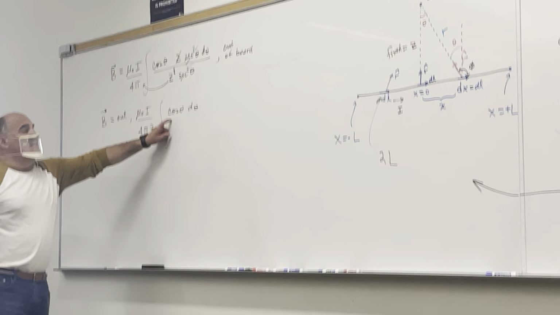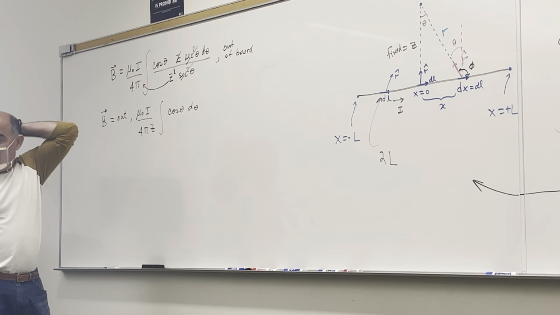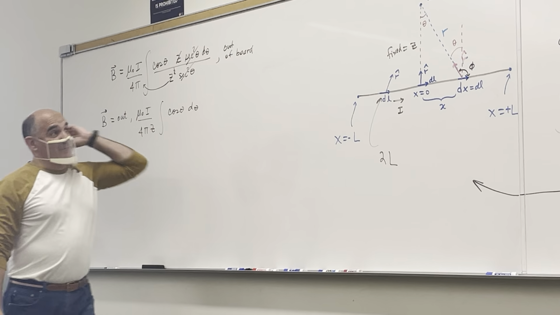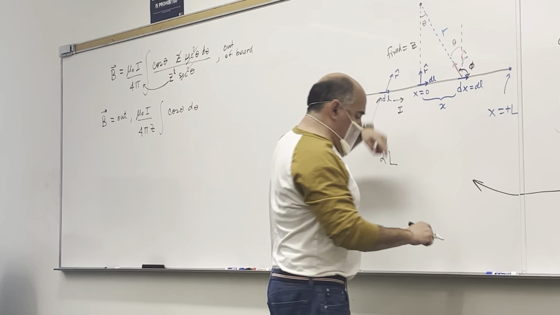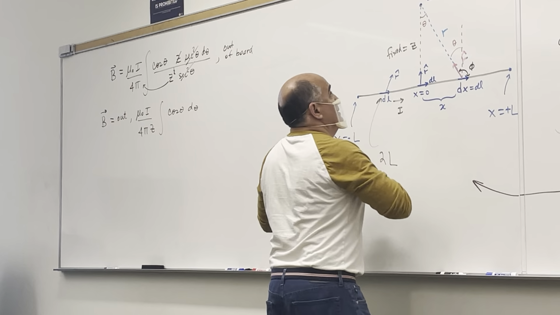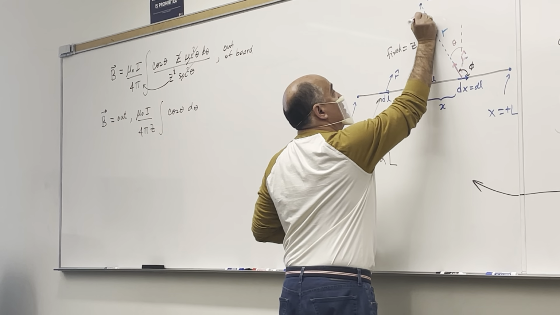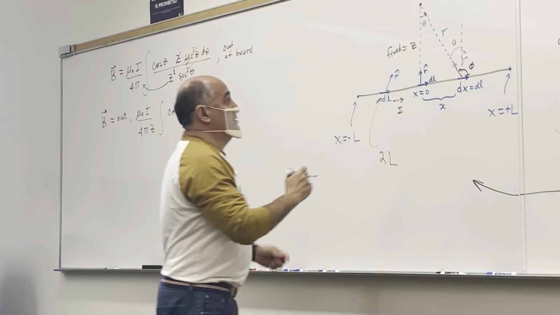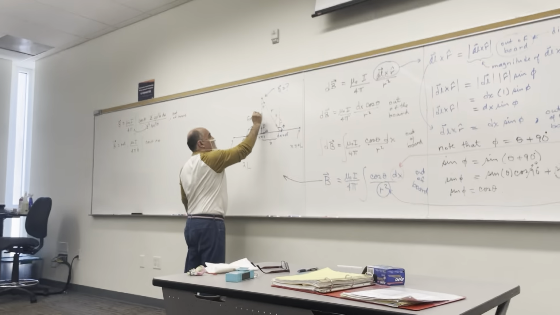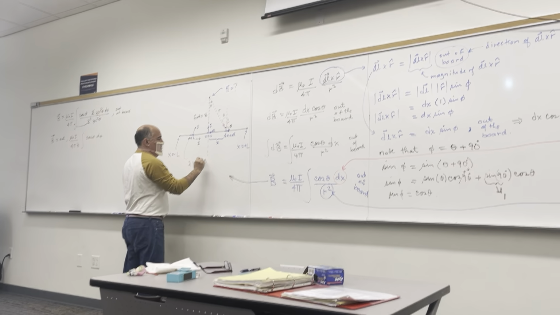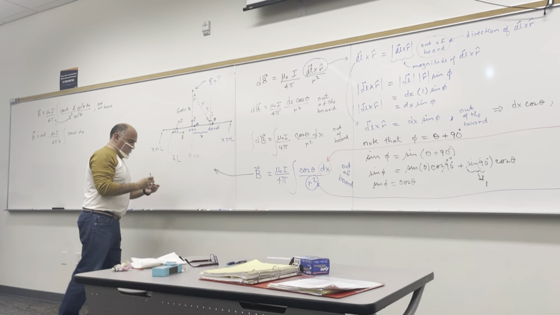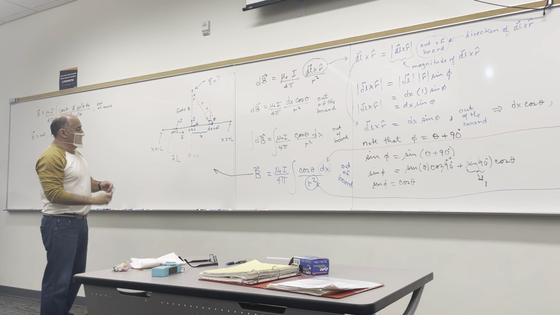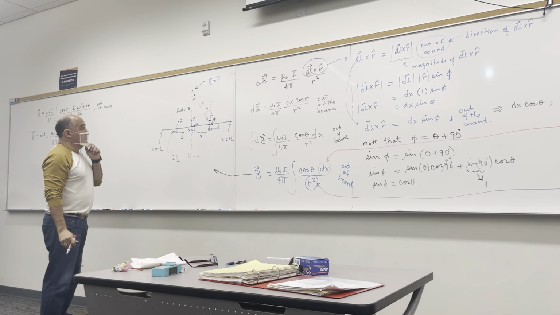Now, this is an integral with respect to theta. So I'm integrating with respect to this theta over here. And theta is like this, right? Actually, on this line, the way that I defined it, theta is equal to 0. Okay?